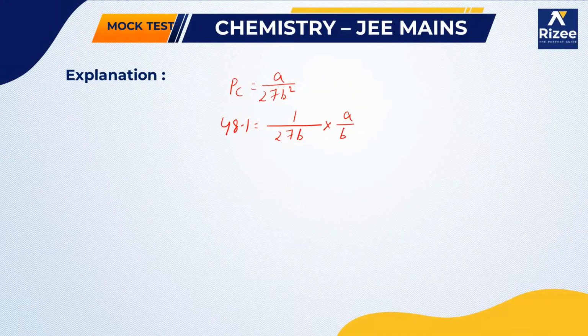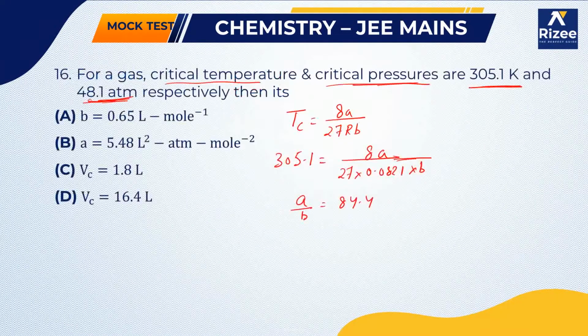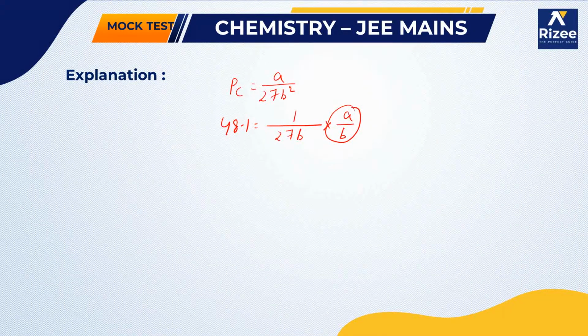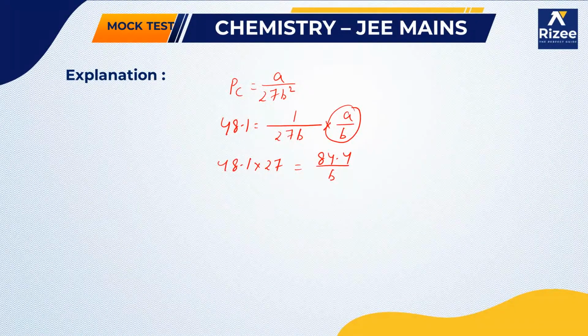A by b value we know, we have found a by b value as 84.4. So we can write 48.1 into 27 is equal to 84.4 by b. So from this we can calculate the value of b. So b will be equal to 0.065 liter mole inverse. This is the value of b.